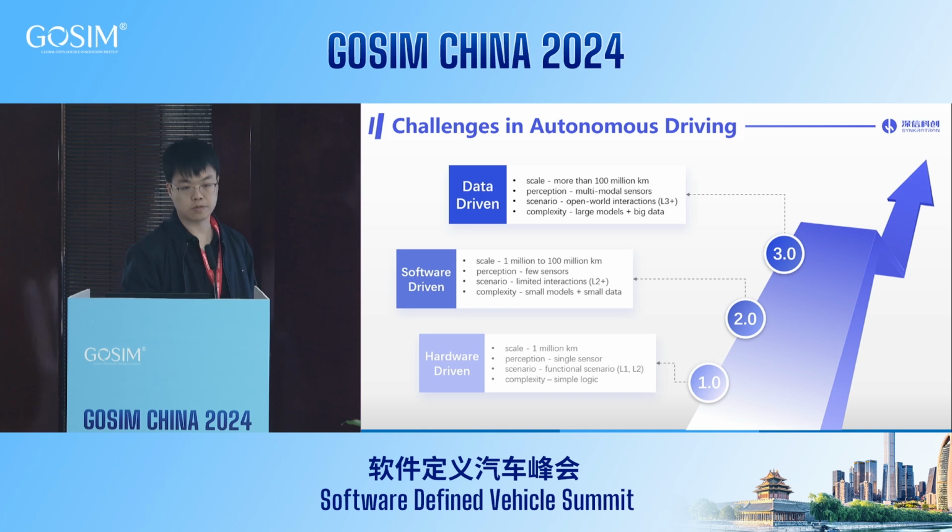The perception system has been developed around multimodal sensors, not just LiDAR or millimeter wave radar by itself. And the scenarios the system has to face now are open world interactive scenarios, not like in the old ADAS days where scenarios were simple and structured. It's either a simple cutting-in scenario or simply following the front car.